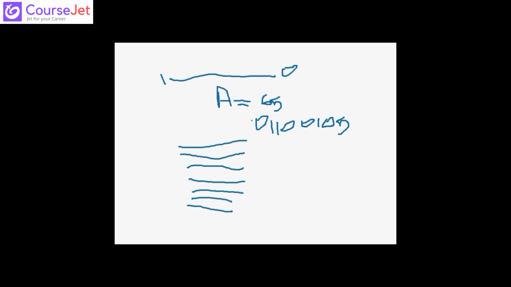Now, how this serial communication works: here you will have half duplex and full duplex communication. In half duplex you will have simplex communication. In simplex communication, you will have one transmitter and one receiver.